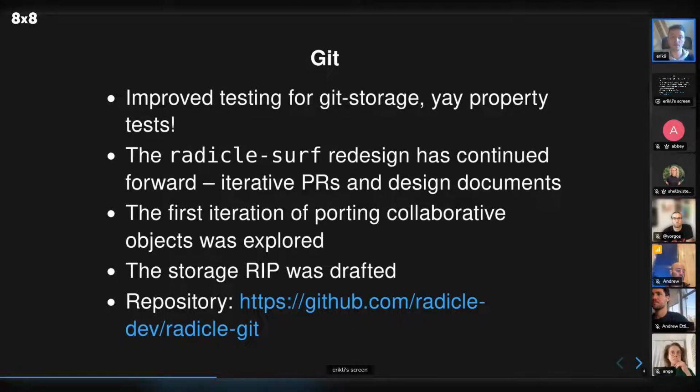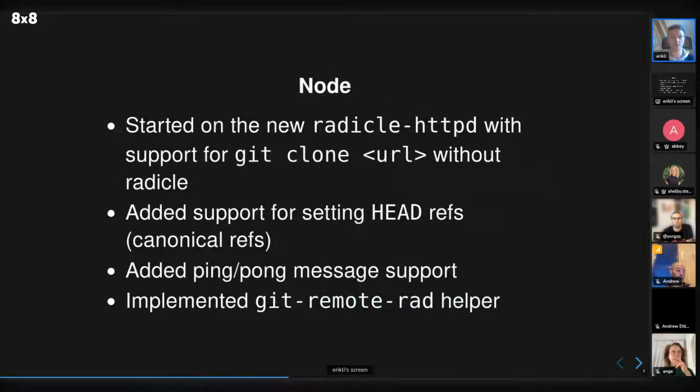forums post. There was also a lot of work on the node. We now started working on the new HTTP client, so that you would have Git commands without needing to go through the Radicle command.